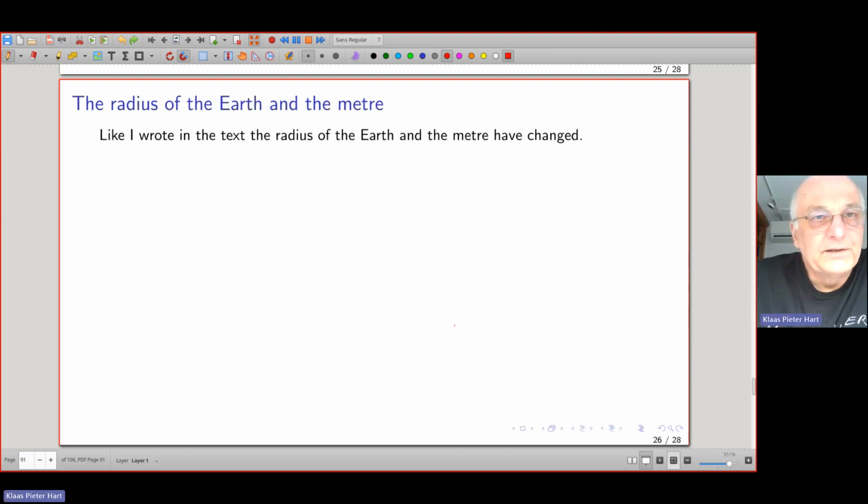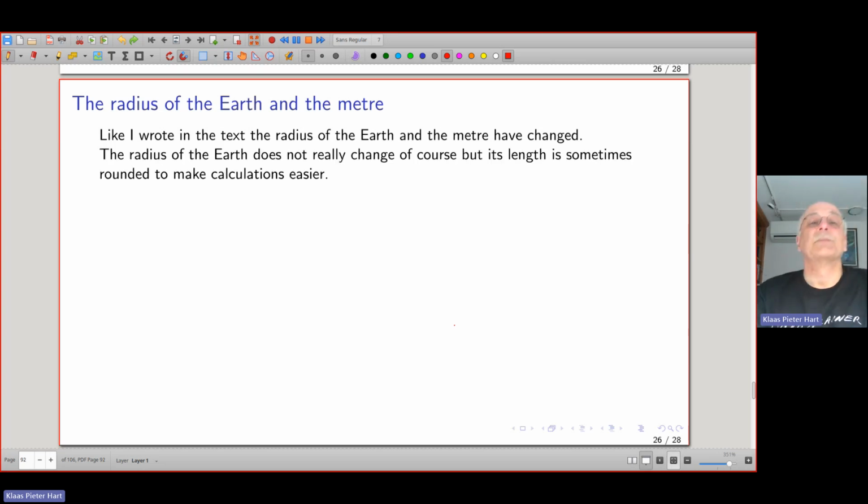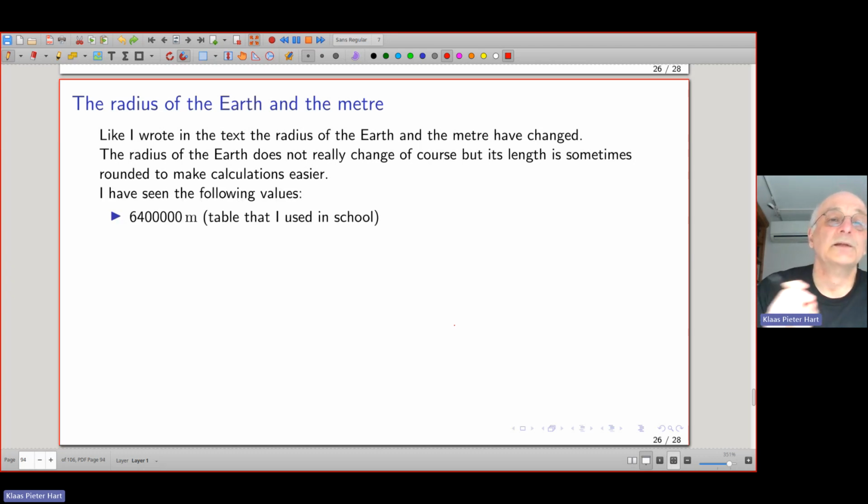And there is another thing. It was the values of the radius and possibly the meter that influenced our outcomes. And yes, the radius of the Earth doesn't really change, but the length is sometimes rounded to make the calculations easier. In a table that I used in school, it was rounded to 6, 4, and then 5 zeros.